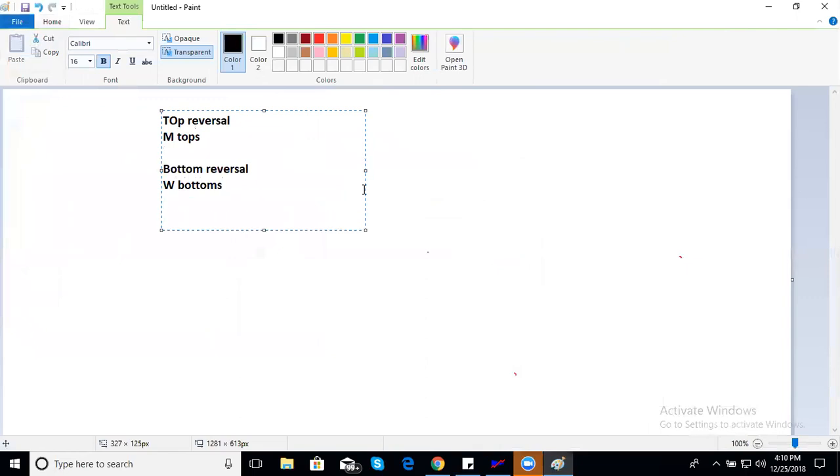Then I said middle band acting as support in bull market and middle band acting as resistance in bear market. You will see change of polarity. The same change of polarity is based on the middle band.